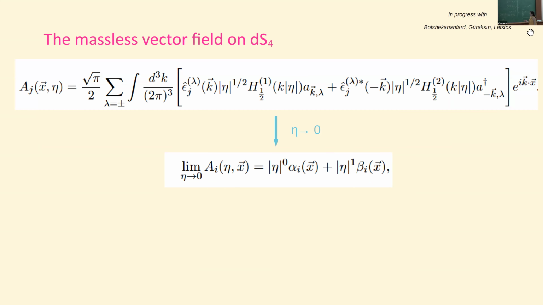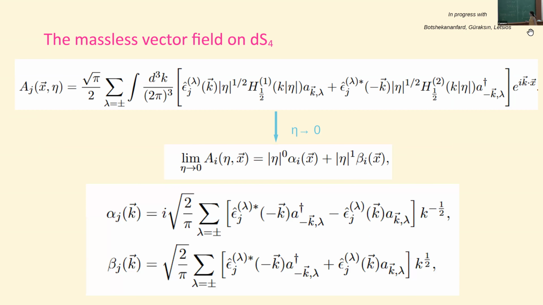So we do that. This was our solution for the mode functions of the field. We are working in momentum space. So we actually read off the momentum space versions. We can take a Fourier transform to position space, where we take the late time limits. We just have to be careful with the limits of the Hankel functions. And we get this. So these are our late time operators.